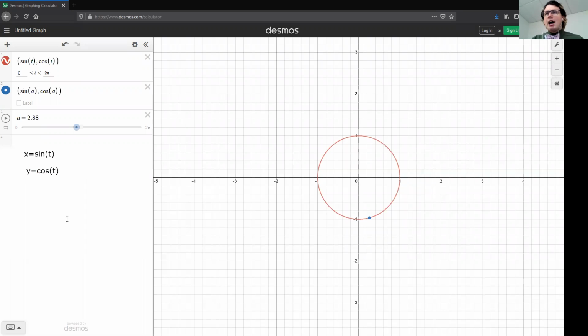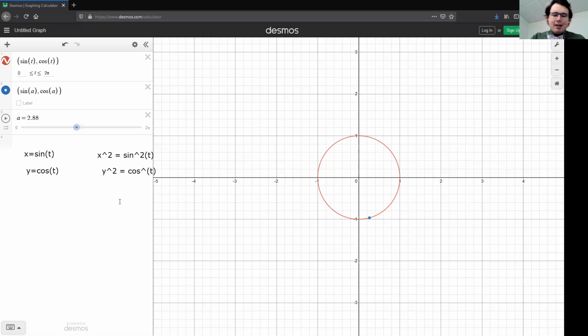So since I've got sines and cosines, and sine squared plus cosine squared is always equal to 1, I should be able to get rid of my t's by squaring both sides of these equations, for both of them. So x squared has got to be sine squared of t. y squared has got to be cosine squared of t.